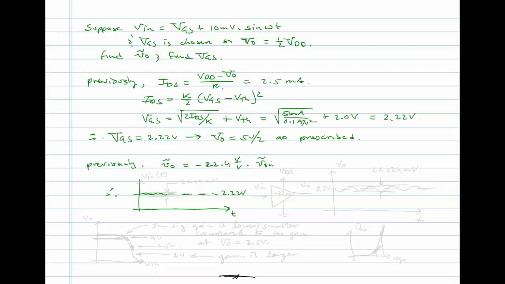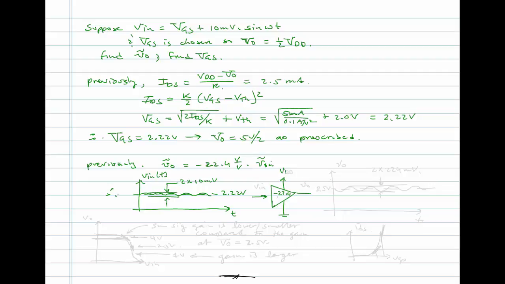Very difficult to see because it's so small, right? So this peak-to-peak amplitude is going to be 2 times 10 millivolts. Okay, this right here is vn of t. We'll put that in our amplifier. I'll draw this as an amplifier like this. And it has a small signal gain of minus 22.4.